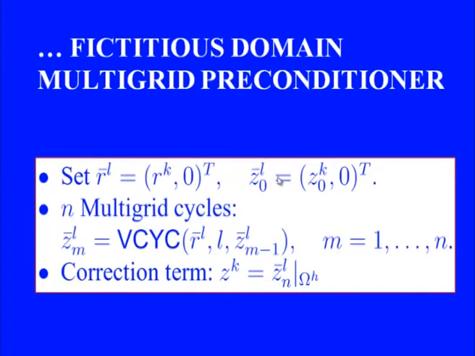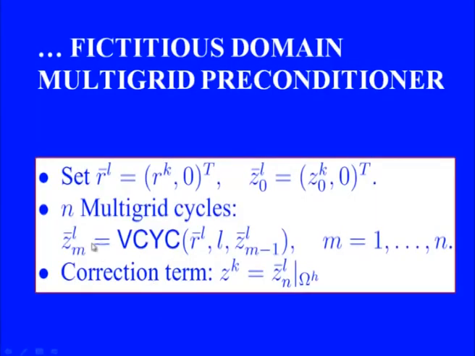Similarly, we will set the initial guess Z0 to 0, and then we can use n multigrid cycles, where n could be 1, 2 or 3 at the most, to generate a solution ZML by using V cycle multigrid. So V cycle multigrid will give us a solution of the problem, starting with this as our right hand side vector, and ZML will give us the correction term.